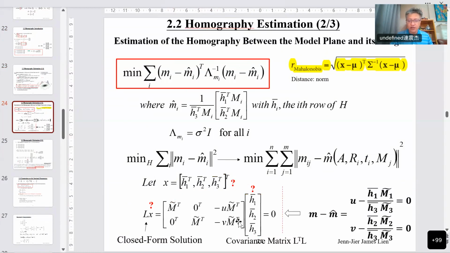This one here will become this one. So this is known, this is unknown. So this becomes Lx equal to 0. L is known, X is unknown. So we will use a closed form solution to solve it.